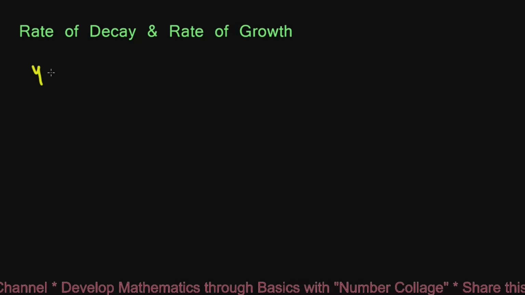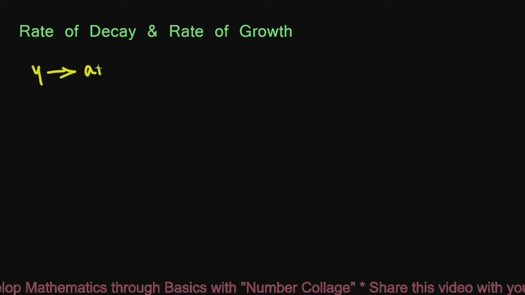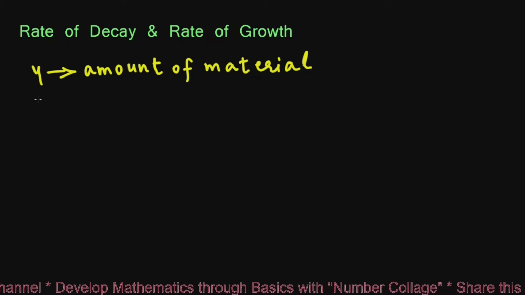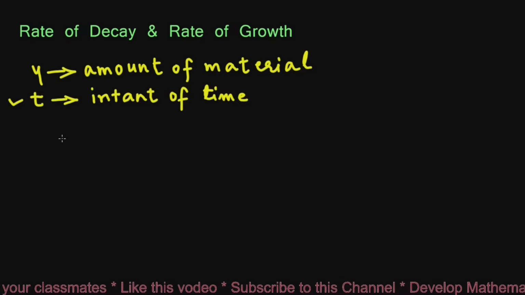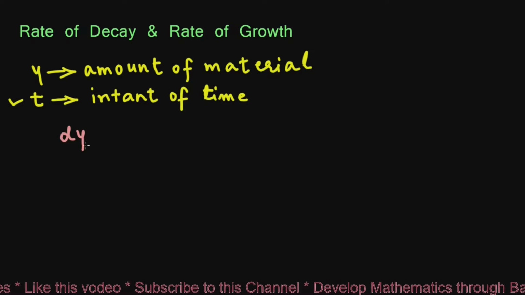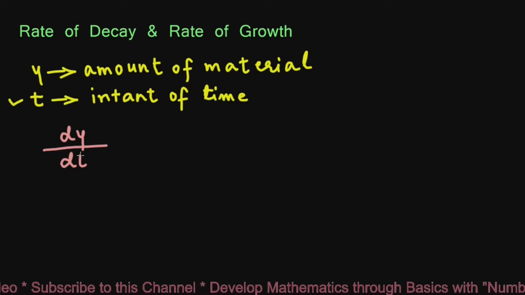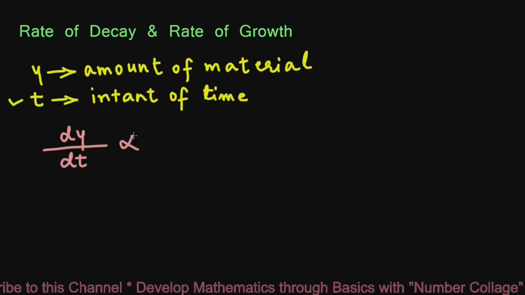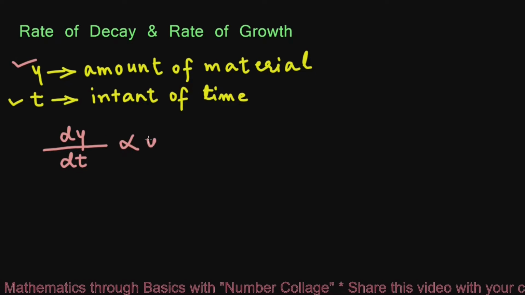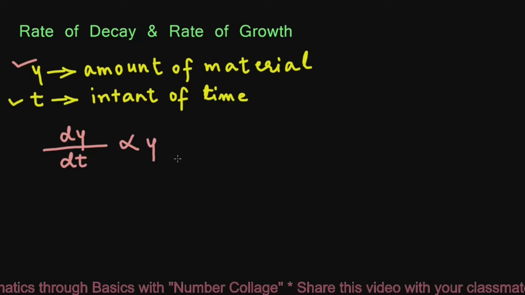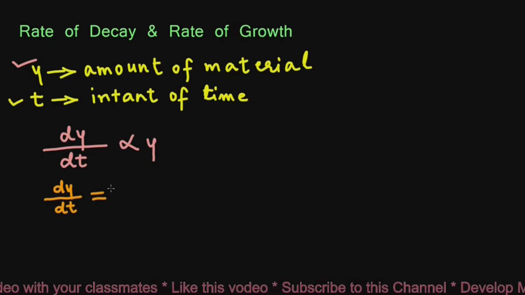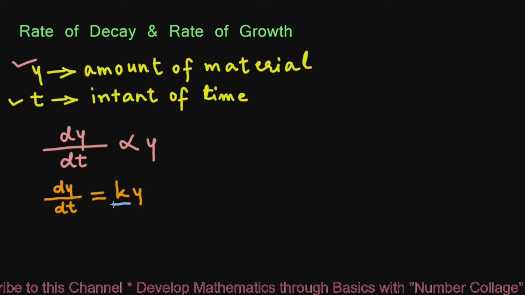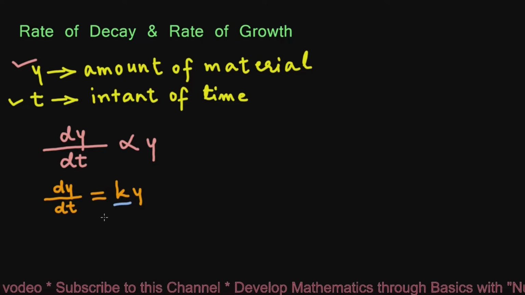If y is the amount of material at any instant of time t, then the rate of change of quantity y with respect to time t is directly proportional to the amount of material present initially. So that gives us dy/dt = ky, where k is the constant of proportionality.